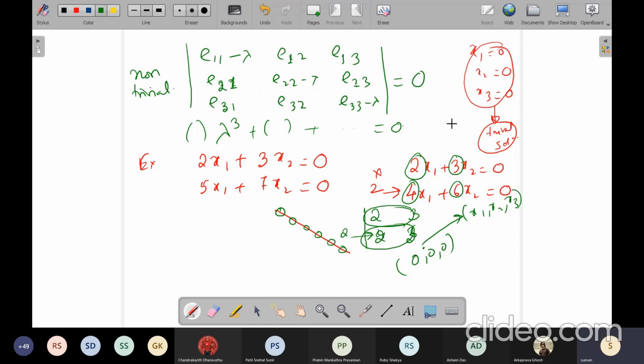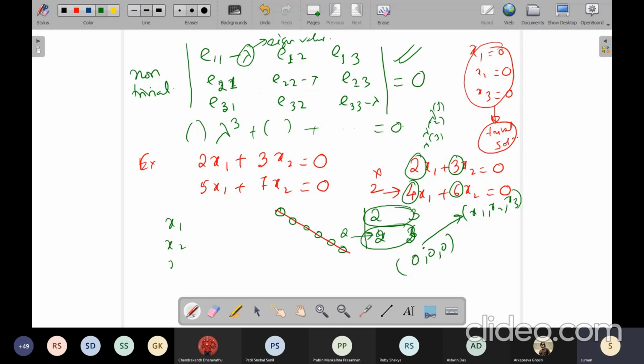You will get it only for certain values of lambda for which this is satisfied. Those values of lambda are called eigenvalues. So you get 3 values of lambda: lambda 1, lambda 2, lambda 3.